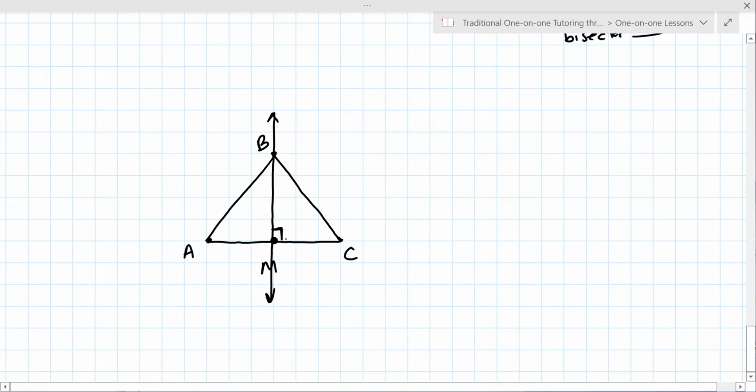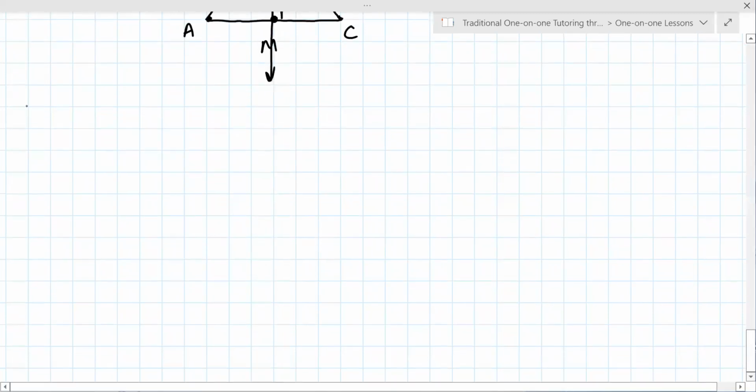And that's what we're trying to do. So we're trying to come up with the equation of this midpoint and this line. We'll spend the last little bit of our lesson doing that.